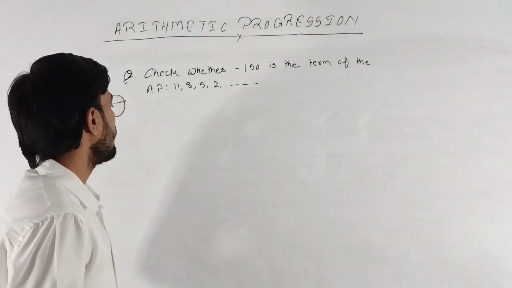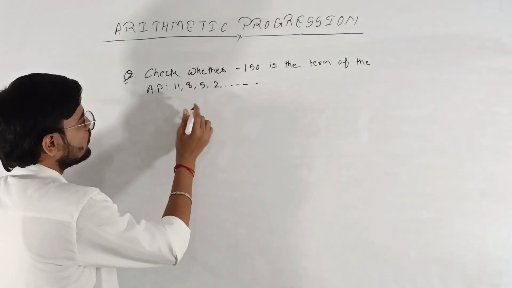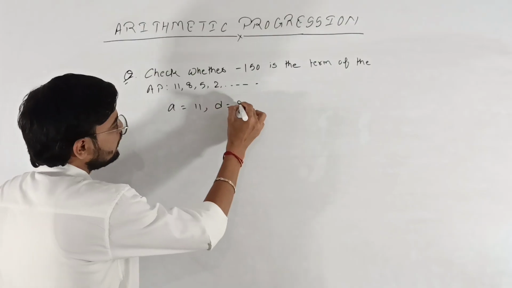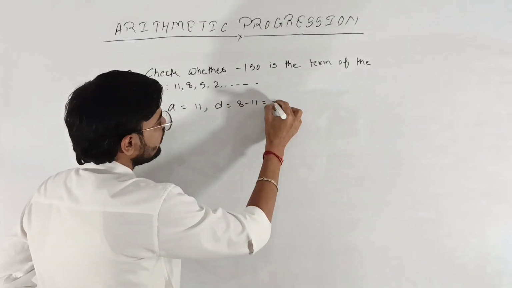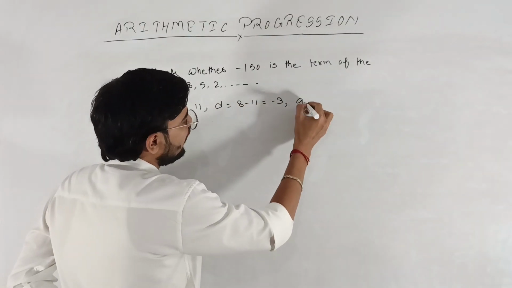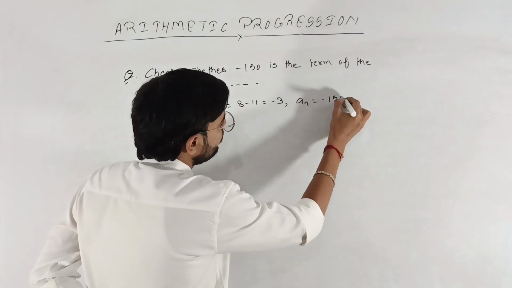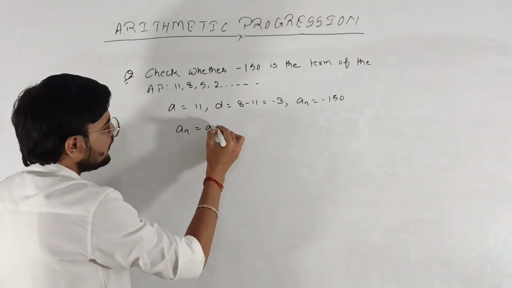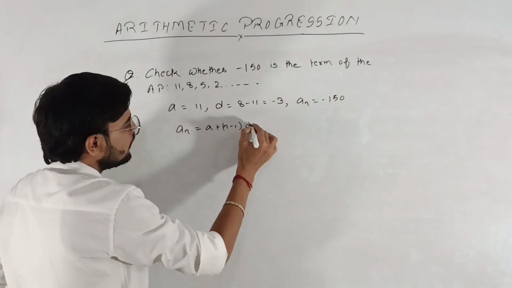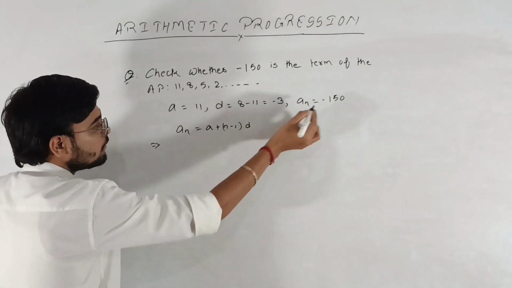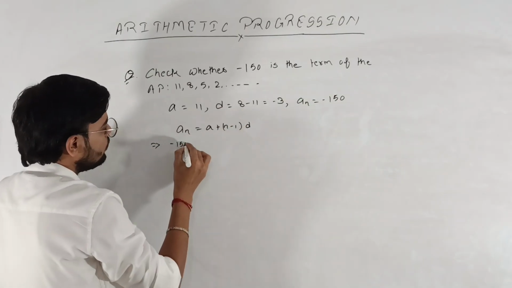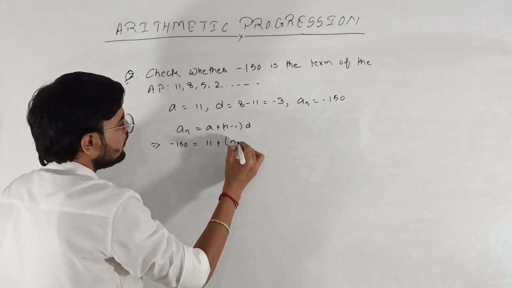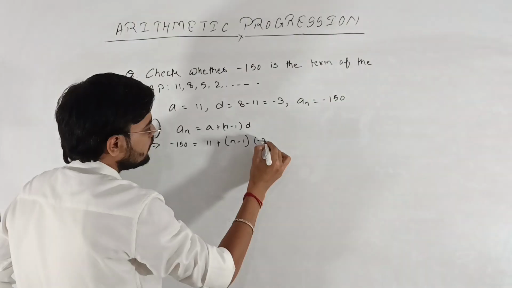Okay, now see how we do it. Now our AP is this. So from the AP I write a, that is 11, and d, that is 8 minus 11, which is equal to minus 3, and our nth term is given, that is minus 150. Okay, so the formula for the nth term is an is equal to a plus (n minus 1) into d. Now an is minus 150, a is 11, so I put here 11 plus (n minus 1), d is minus 3.